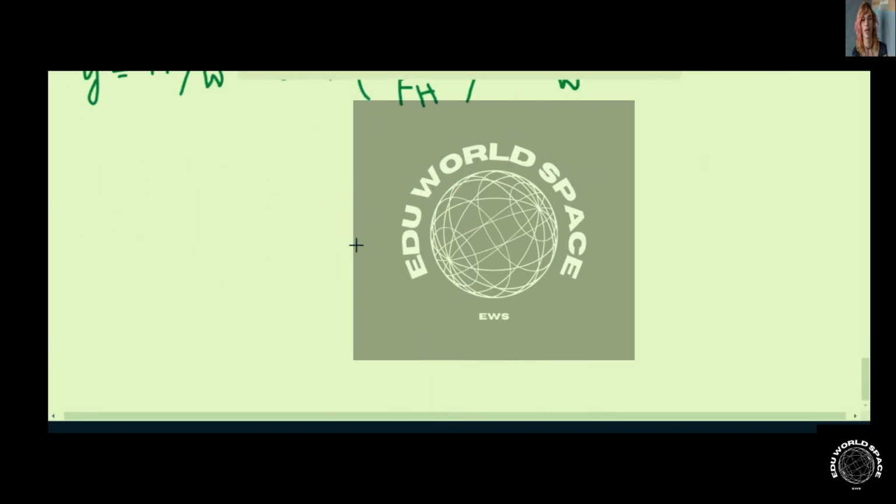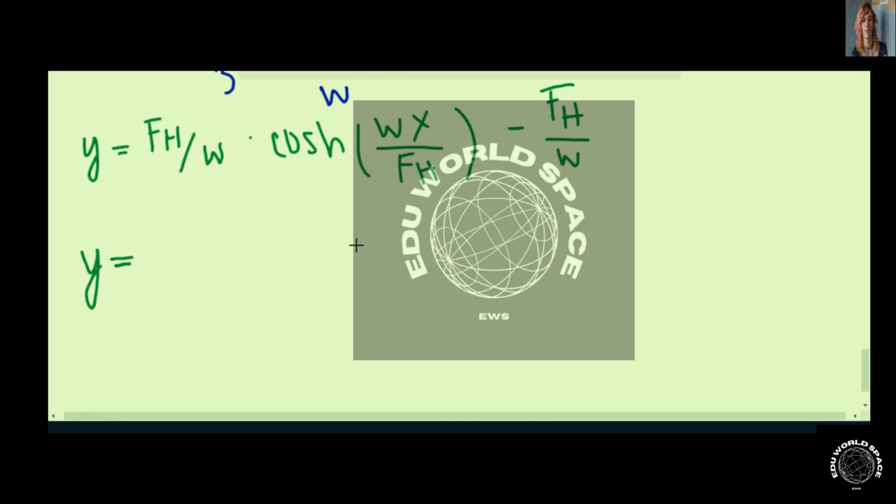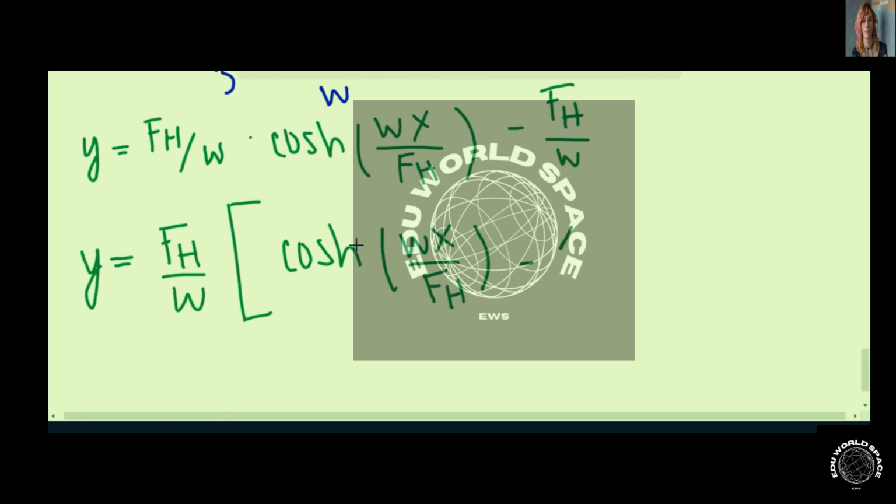But if you want to simplify this further, it would be y equals f sub h over w times the hyperbolic cosine of w times x over f sub h minus 1.